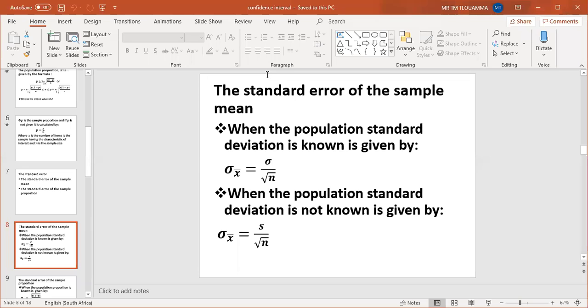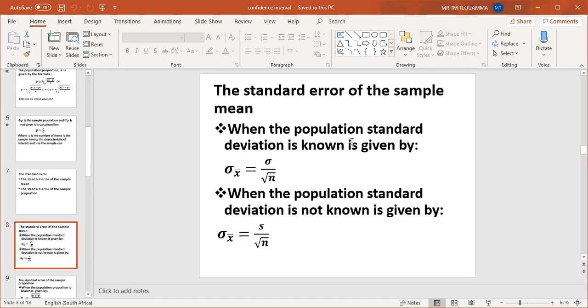So they're saying the standard error of the sample mean when the population standard deviation is known. Actually, if you check this formula, it doesn't differ from the one of the Z, which includes the Z critical values. Can you see it?